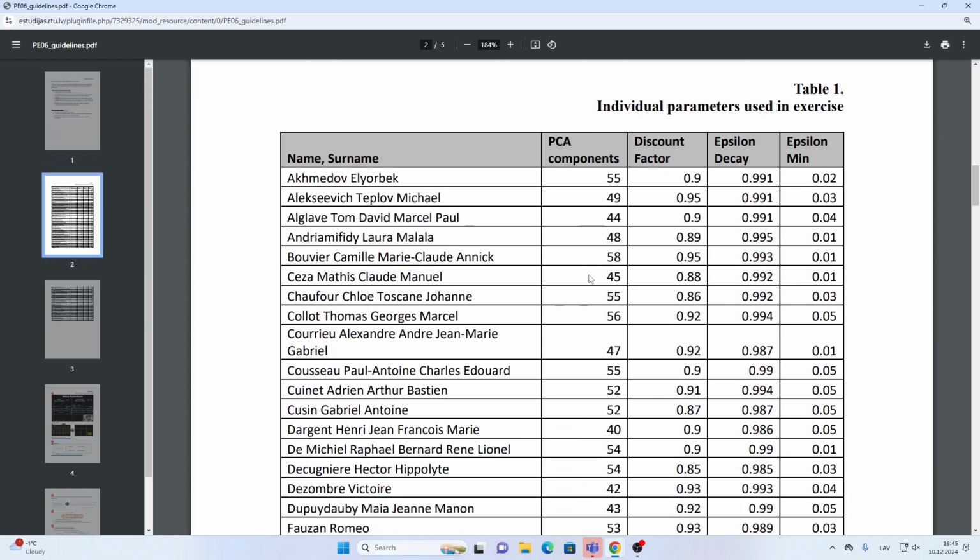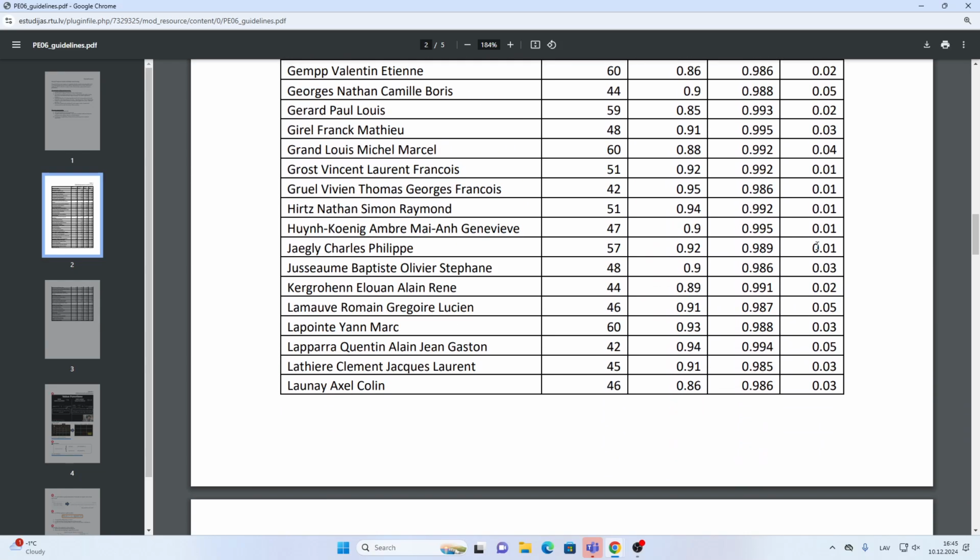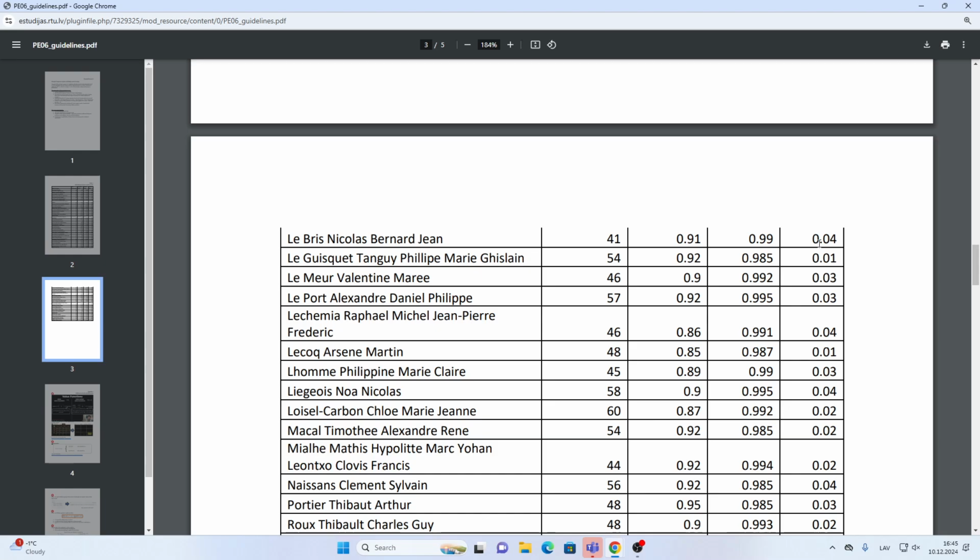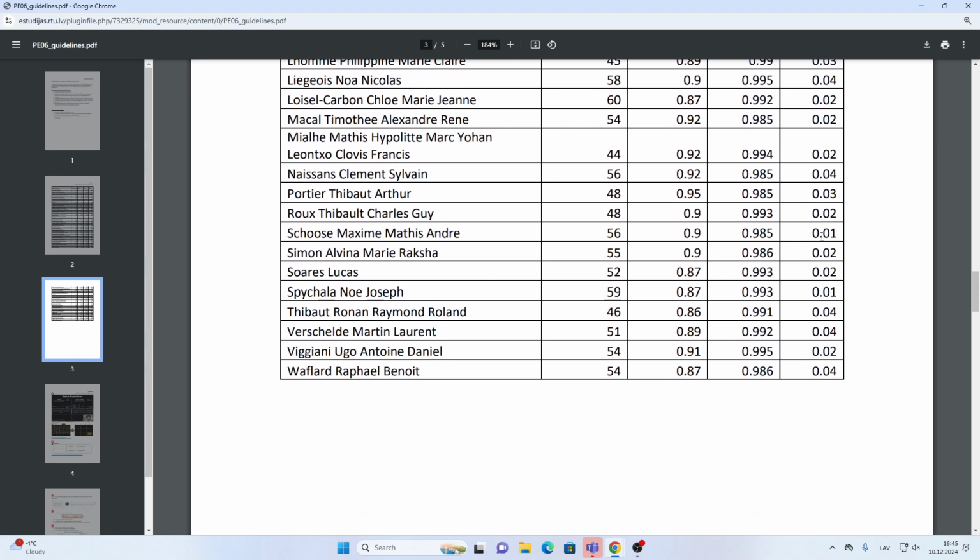So you have some individual parameters, such as PCA components, how many PCA analysis components we want to use, the discount factor, which is for your reward function, and epsilon decay and epsilon minimum, which are also related to our reward and how greedy the algorithm is. We discussed that in some lecture notes, and we'll also cover it in more detail.